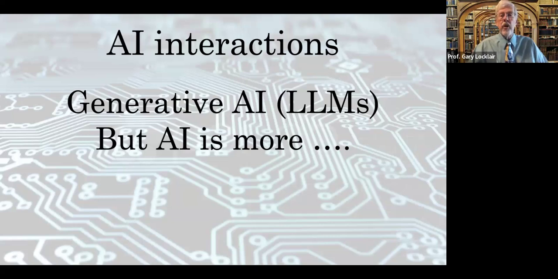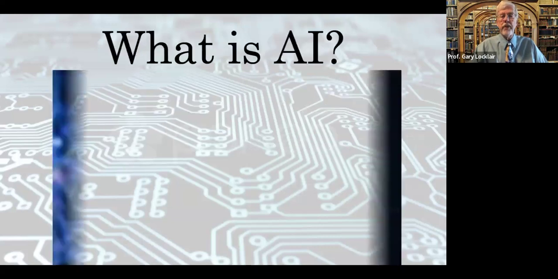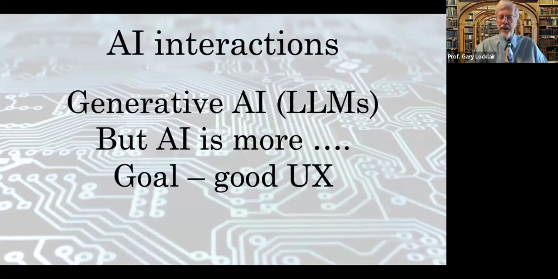Now, the goal of a good computer scientist is to provide what we call in computer science a good UX, user experience. In other words, we want to make it easy and natural for folks to interact with technology.